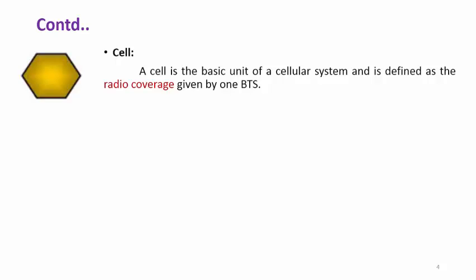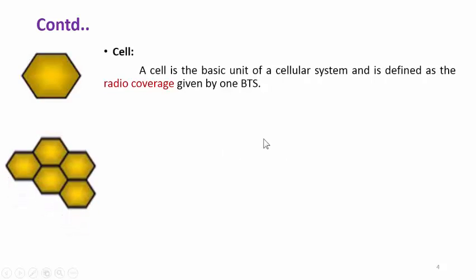The first one is the cell. Cell is the basic unit of the cellular system and is defined as the radio coverage given by one BTS, that is base transceiver station. The base transceiver station is responsible to provide the coverage area with the radio or wireless link.